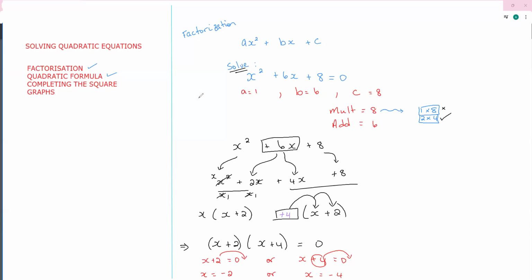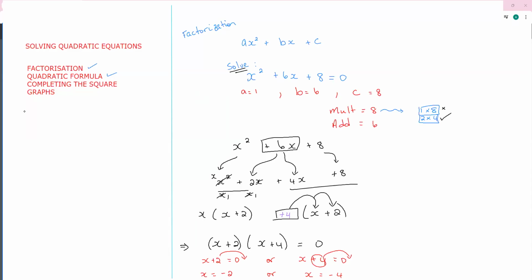Or they will tell you, use completing the square. Or they may give you it to solve the graph, or plot the graph, I should say. Or they may tell you, using the formula. However, if you have challenges finding the two numbers to expand it, then it means that we have to use the formula.